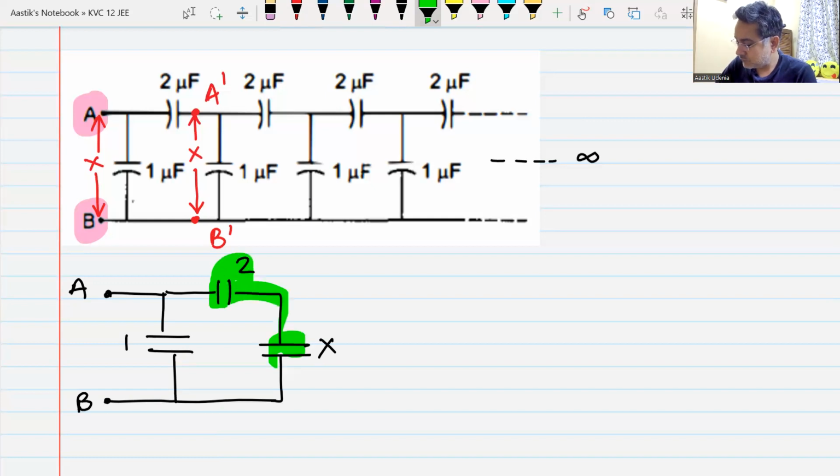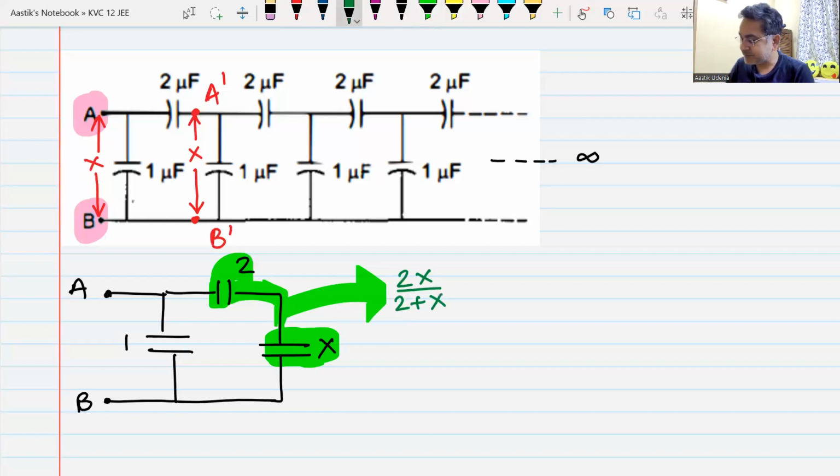So if 2 and X are in series, I can replace them by a single capacitor. What will be the capacitance of that capacitor? 2X by 2 plus X. Correct? It will be equal to 2X upon 2 plus X.